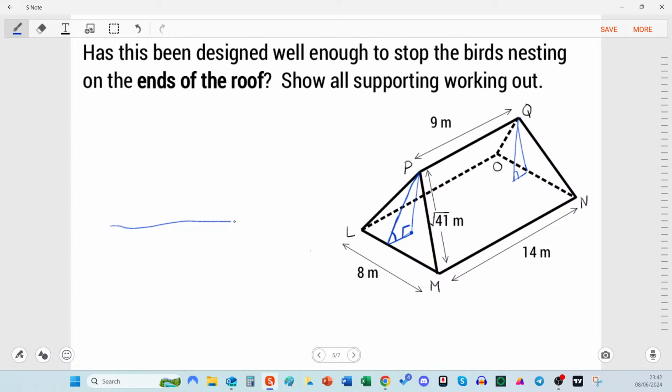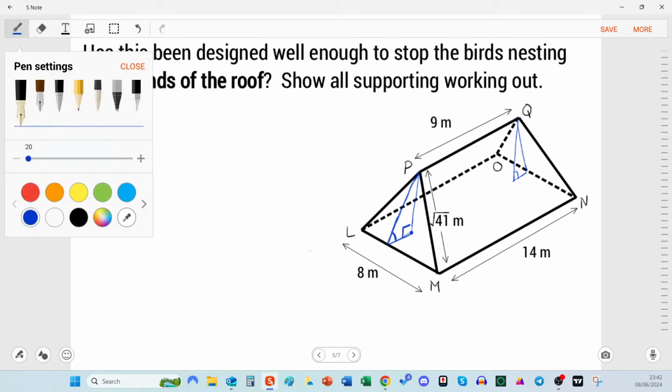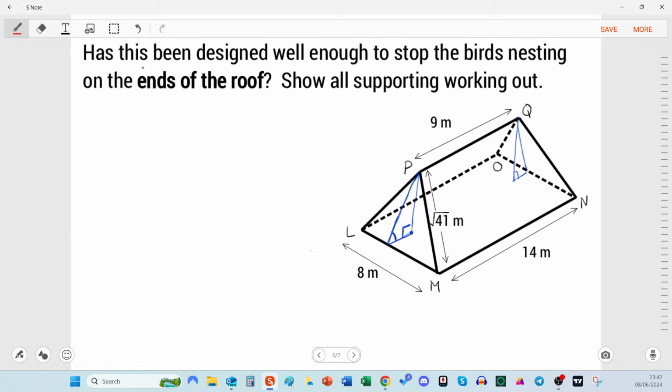So imagine this is the floor. The angle of elevation is what comes up from a horizontal floor. Let me do a different color so it's really obvious. We're going for the red angle, okay? I'm just going to make that really clear.